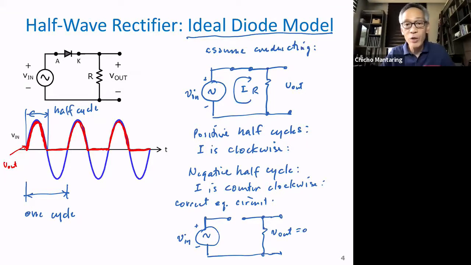The current or the voltage polarity, if you'd like to think of it that way, either the current changes direction in a periodic manner or the voltage polarity changes from positive to negative in a periodic manner. So this voltage, sometimes it's positive, sometimes it's negative.